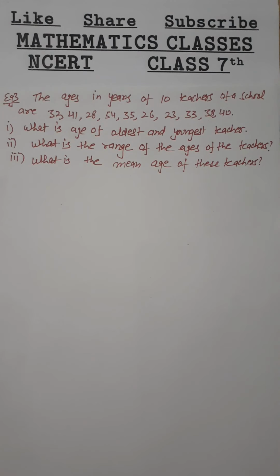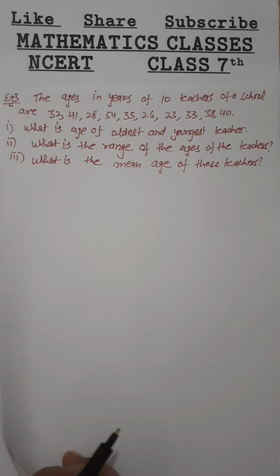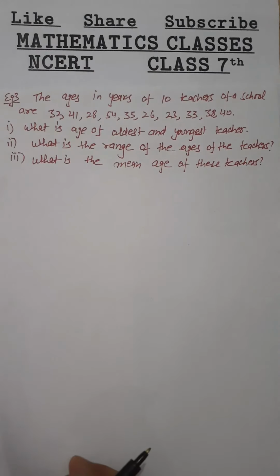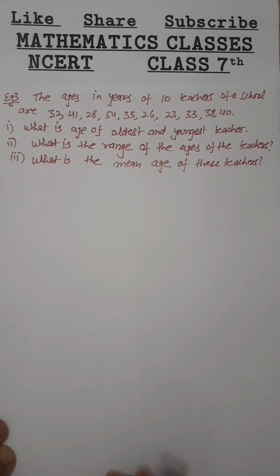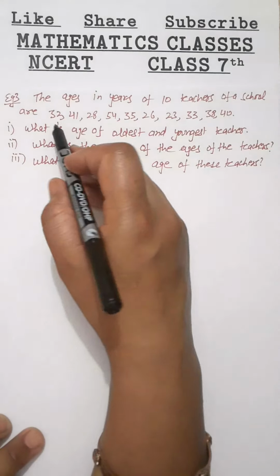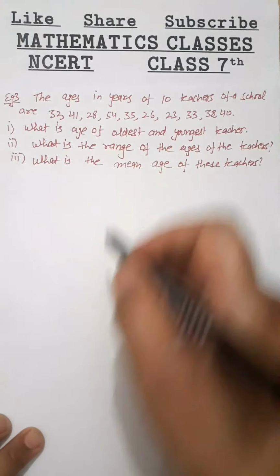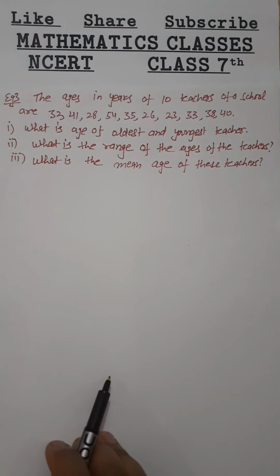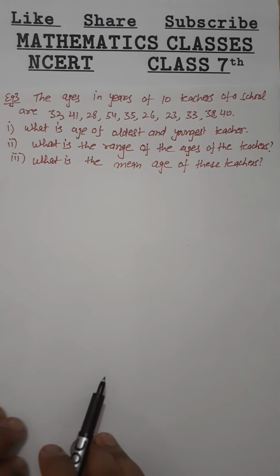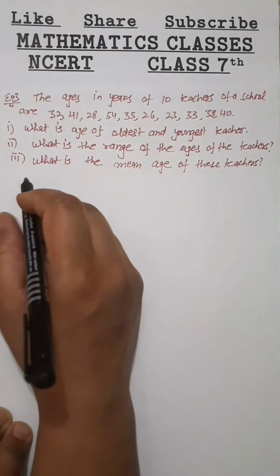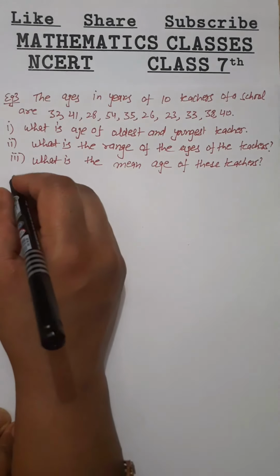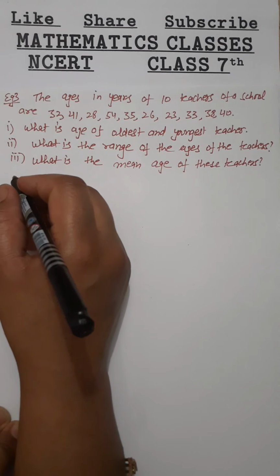Last example of this exercise 3.1: the ages in years of 10 teachers of a school are given. What is the age of the oldest and youngest teacher? First we can arrange it also. You do it yourself.